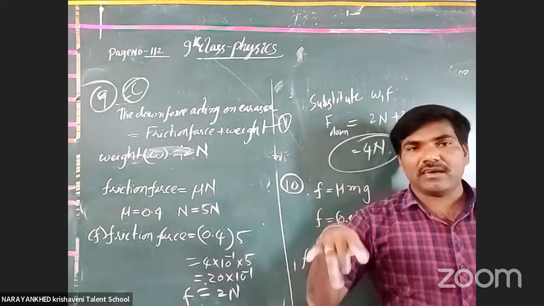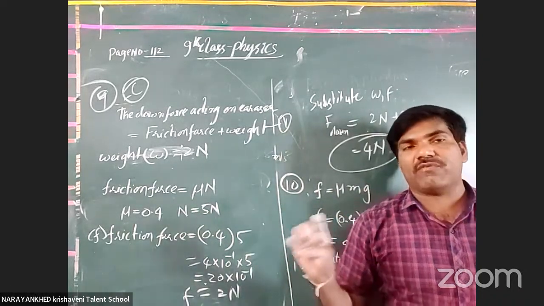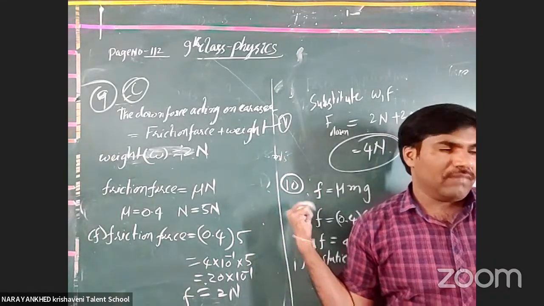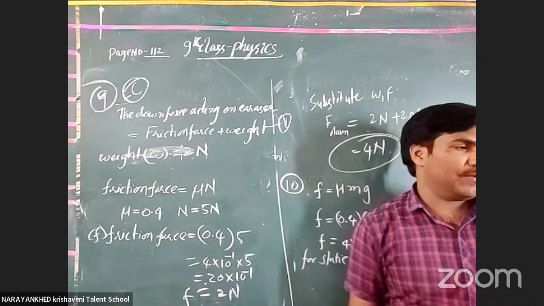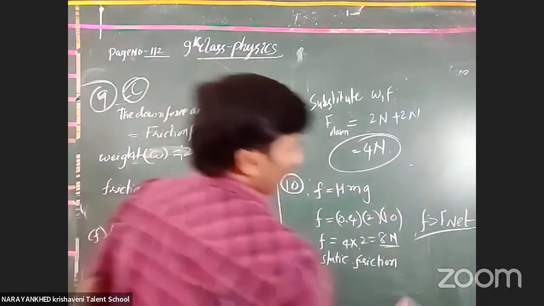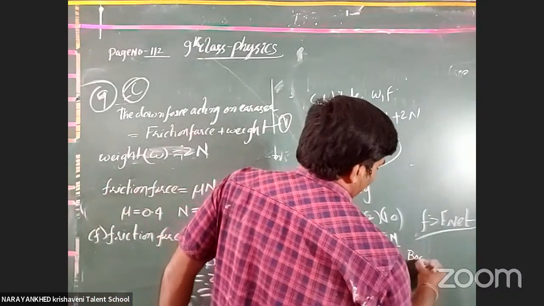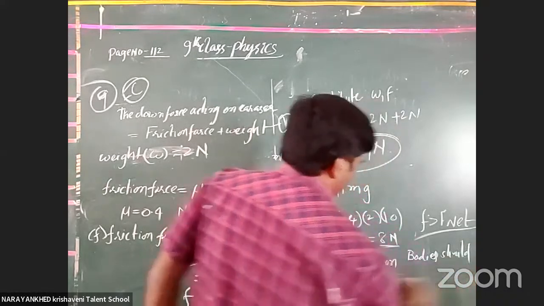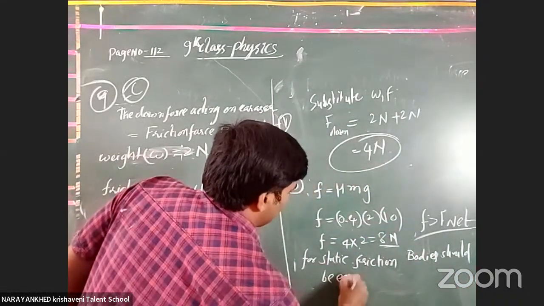If the kinetic coefficient were given, 8 newtons would become the answer. But the answer is 2.8 only. For static friction, the body should be in equilibrium.